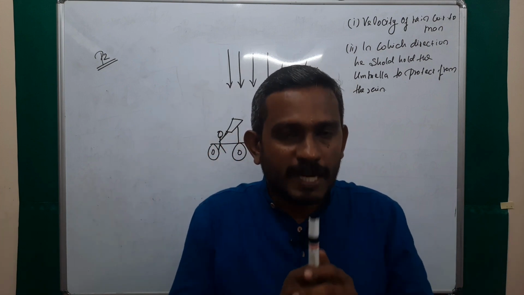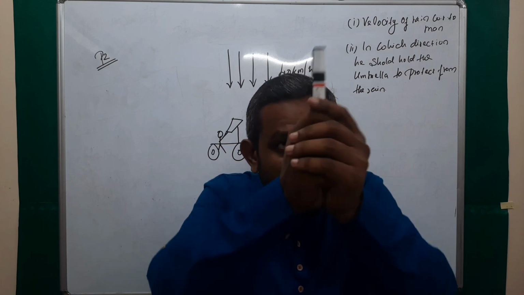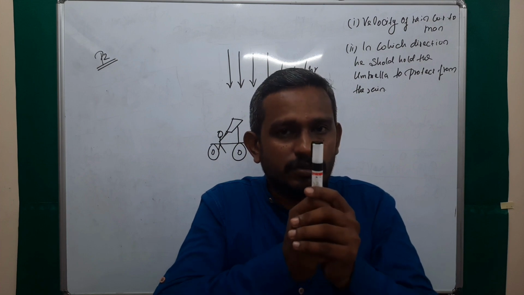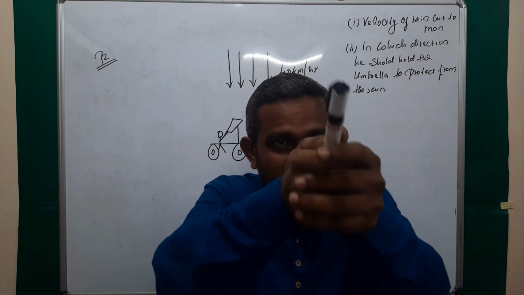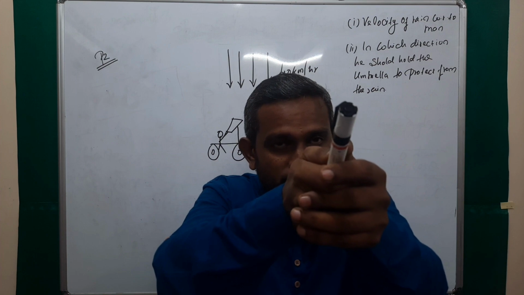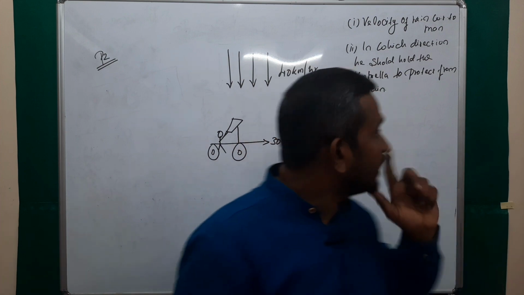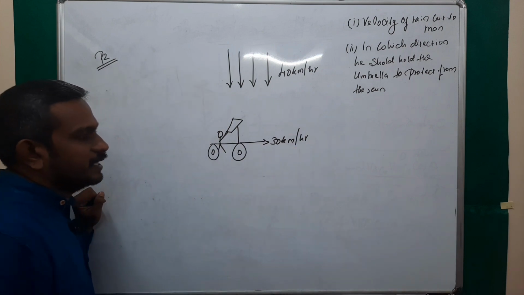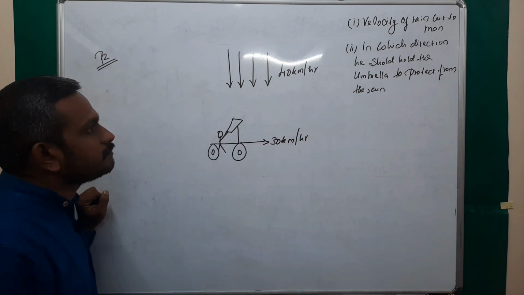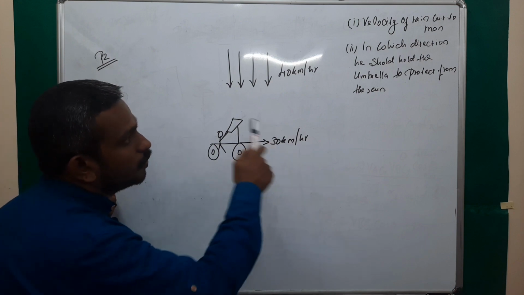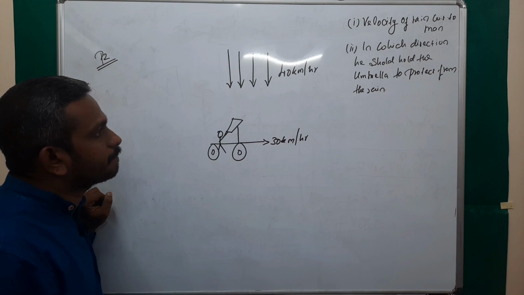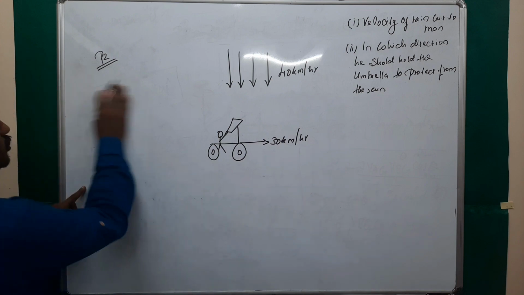When we ride the bike, we have to hold the umbrella at a certain angle, tilting it to the forward direction. So we have to find in which direction, because the man is riding the bicycle at 30 km per hour, he should hold the umbrella to protect from the rain. That is the second question. Okay. So solution, come on.